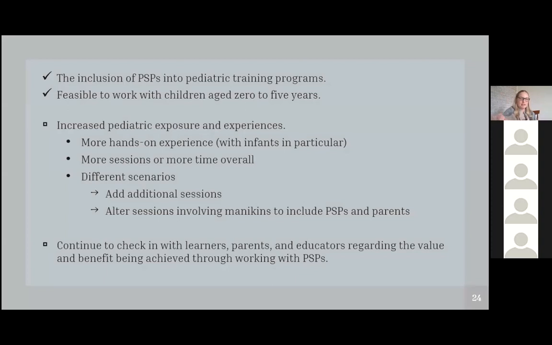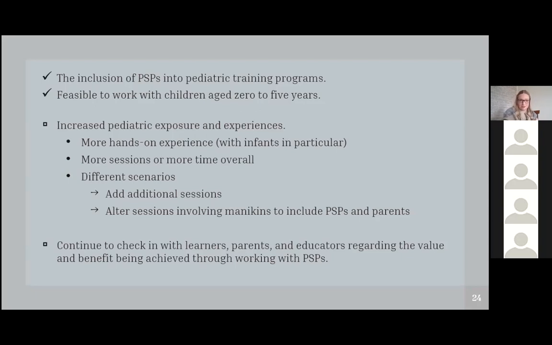Some of my recommendations and considerations following my research, and again, keeping the lens specific to nursing, because that was the intended audience, were three or four things that I would encourage. First of all, if you're not working with pediatric simulated patients in your health education program, I would highly encourage you to do so.